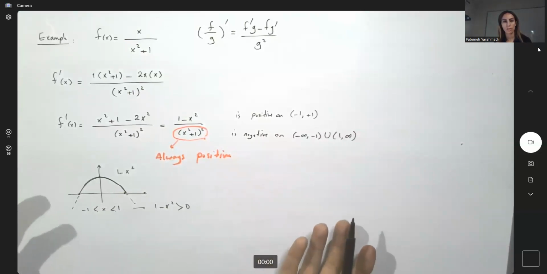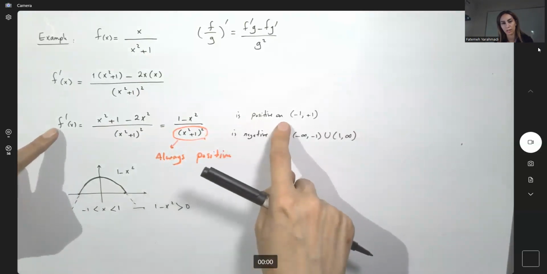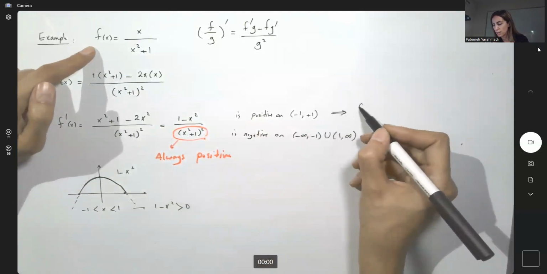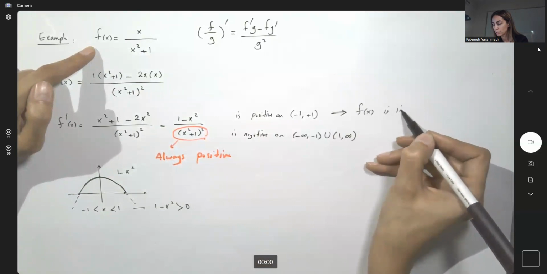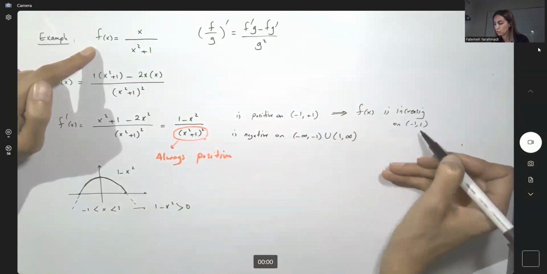You can use Desmos and graph this function and check the behavior of this function. Where is it increasing or where is it decreasing? Since f prime is positive on negative 1 to 1, the original function f of x is increasing on negative 1 to 1.